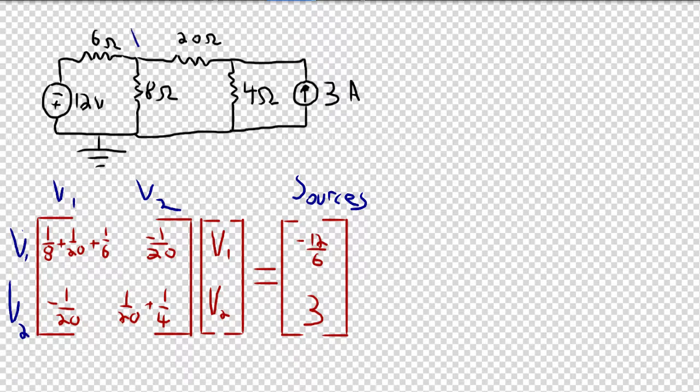And of course, this one is V1 and this one is V2. So if you want to know what any specific box is, let's say, take for example this 3 here. Where is this 3 coming from?